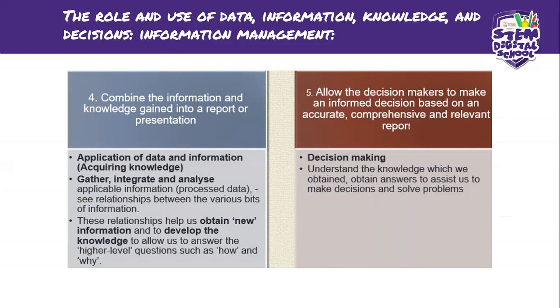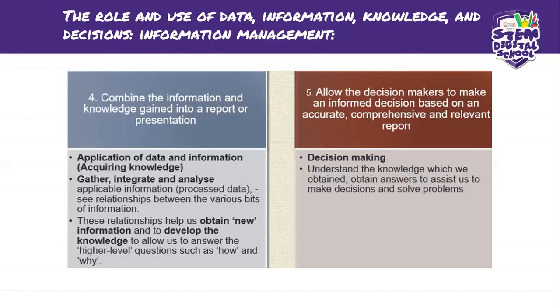Now, how can that information be changed into knowledge? You combine the information and knowledge gained into a report or a presentation. So, application of data and information. Let's say I gather that data and process it into information. That information needs to be learned by someone so that person can change it into their knowledge.